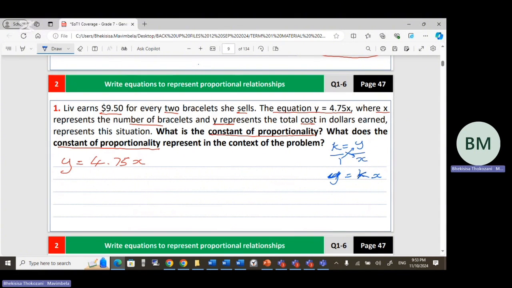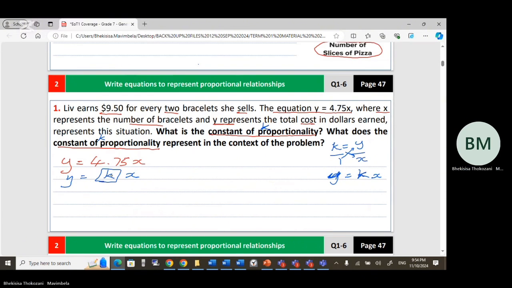Now, what does k represent? K represents your constant of proportionality, right? Whenever you see the words constant of proportionality, remember they are talking about k. So if I'm in this equation and I want to find k, I can just say y is equal to kx. So which is my k here? I can see that this number here is my k.